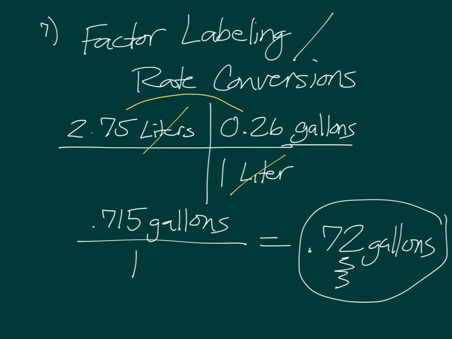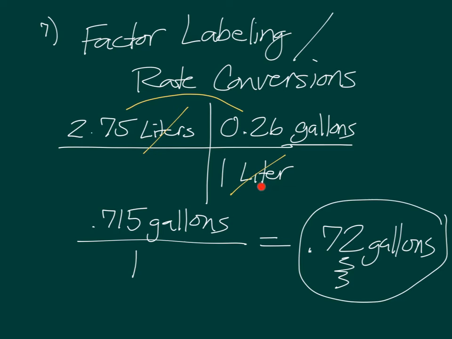This is a rate conversion, or like we said for chemistry, factor labeling. You're changing liters to gallons. They told you there are 0.26 gallons in 1 liter. You're treating these like fractions. With fractions, I can cancel anything on the top with anything on the bottom. So what I've got here is 2.75 liters.